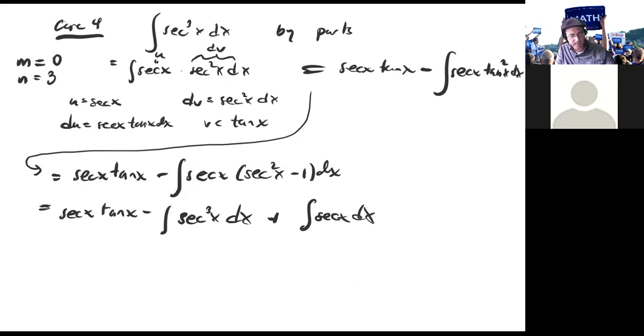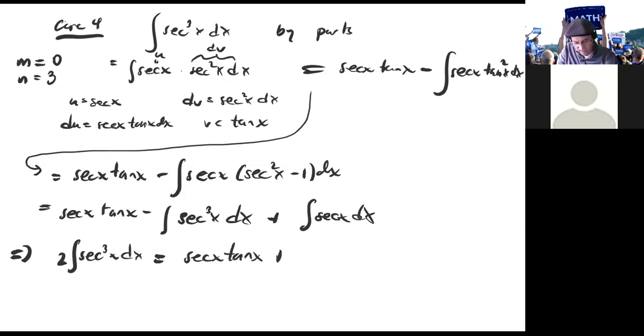Okay. So now, what have we shown? We've shown the integral of secant cubed x is given by this three-term expression on the right. So if I bring the middle term over to the left side of the equation, what do we get? We get that twice the integral of secant cubed x dx coincides with secant x tangent x plus the integral of secant x, which we did in the previous example as ln absolute value of secant x plus tangent x.